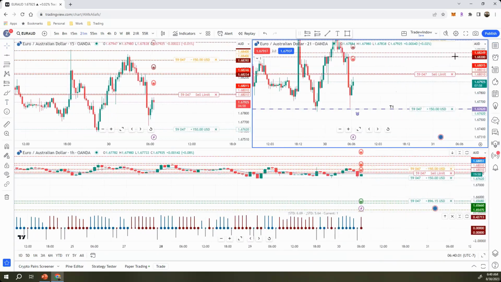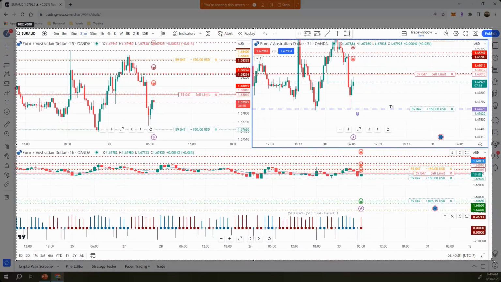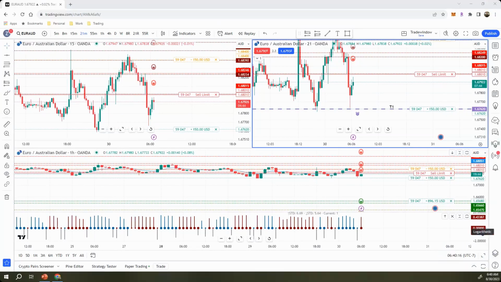All right, let's go ahead and take this screenshot. Save it, 2023, 0830, Euro Aussie setup. Boom. It's that quick once you get used to it and practice it a lot.